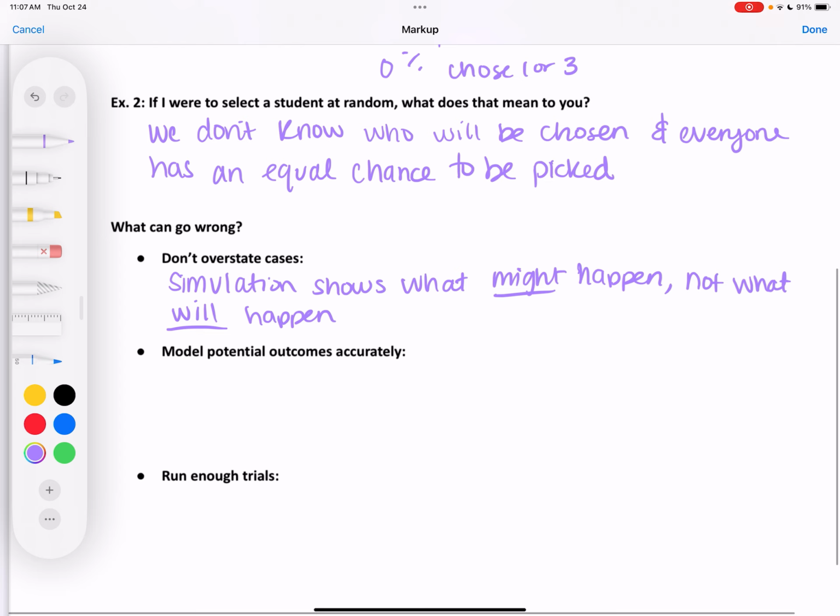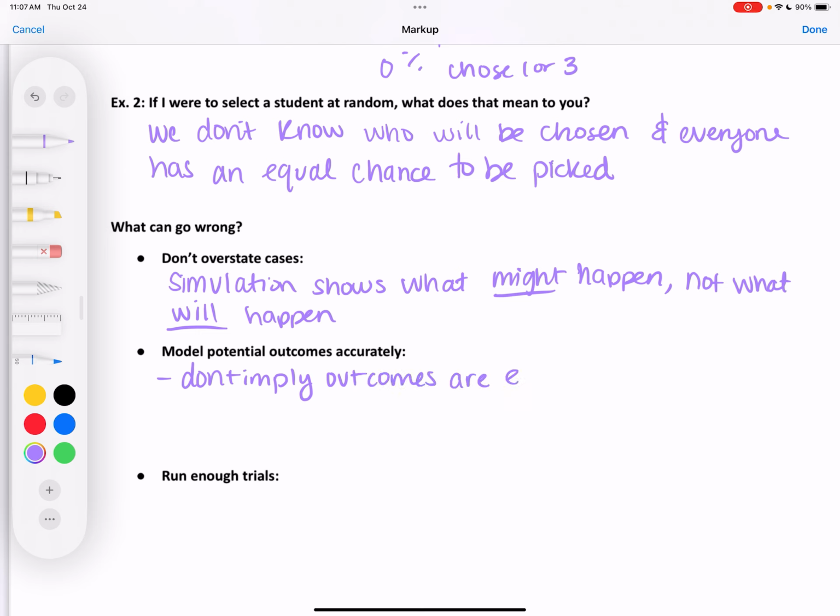So basically, there's going to be 2 things under here. Don't imply outcomes are equally likely, unless they are.